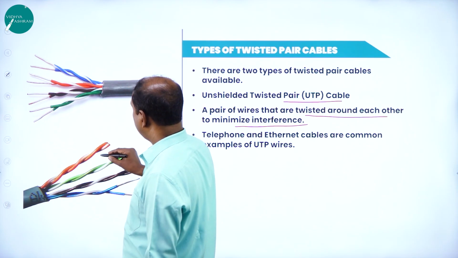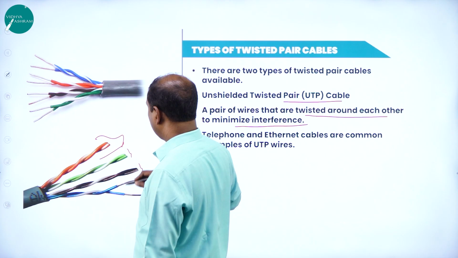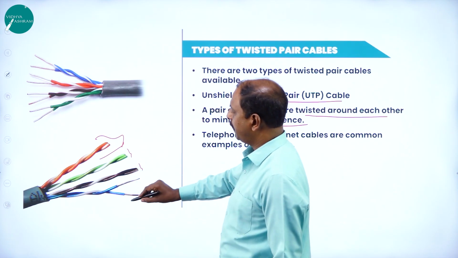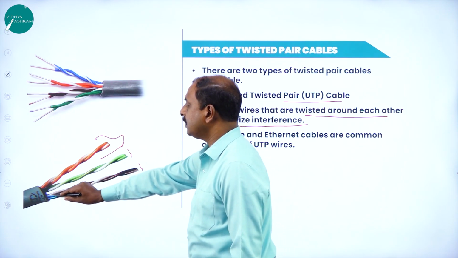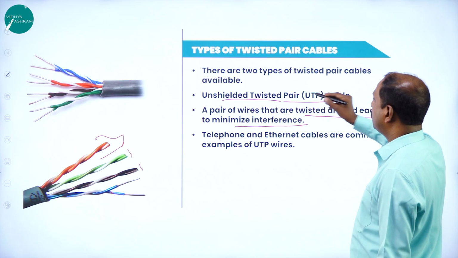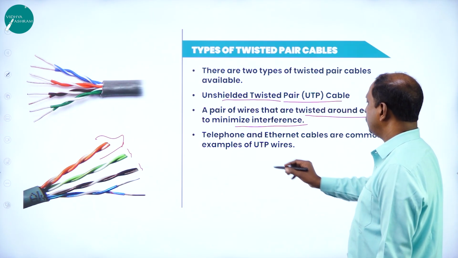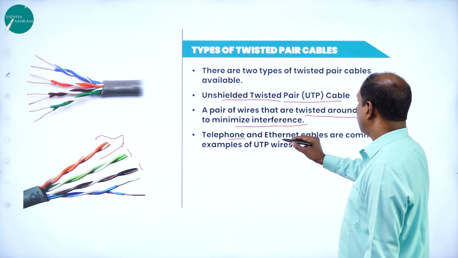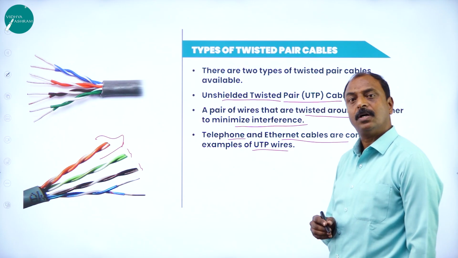Observe, this is one pair of cable, and this is another pair, and all these pairs are twisted. This is an example of unshielded twisted pair cable, that is UTP cable. Telephone and even Ethernet cables are common examples of UTP cables.